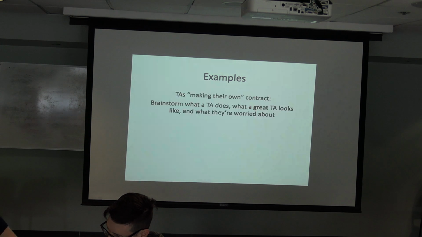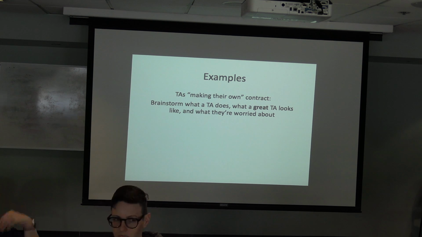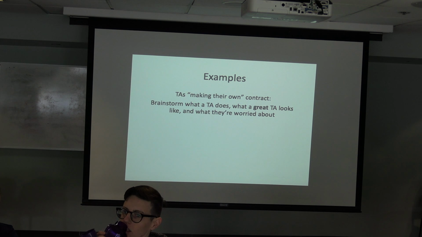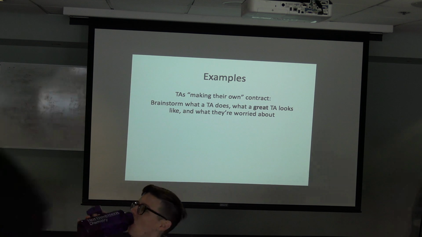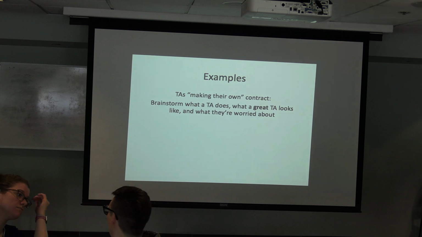Some examples. When I was at Michigan State, I observed that they have their TAs make their own contract. I put "make their own" in quotation marks because the TA contract never changes. But what the facilitator and the director asked them to do is to brainstorm as a group what a TA does, what a great TA looks like, and what they're worried about.